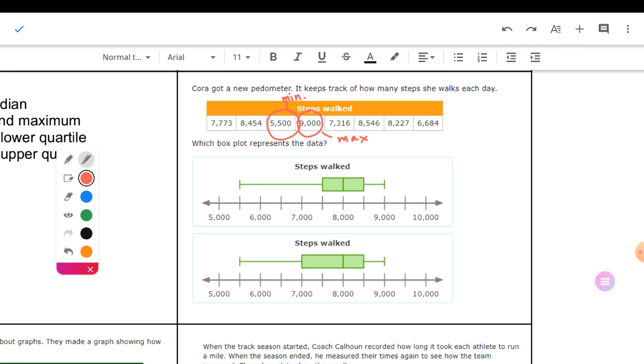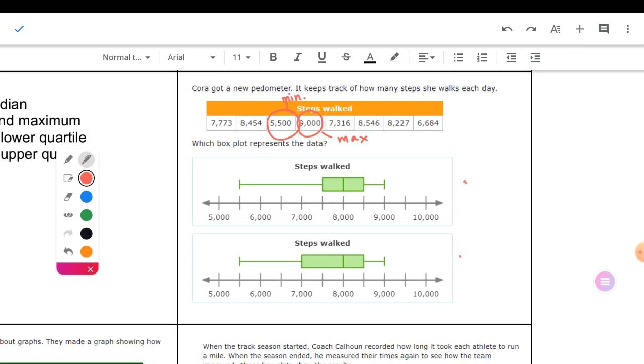Let's go and check our minimum and maximum. Where am I looking to check my minimum and maximum numbers, Brant? Where do I look to find the minimum? Because I'm trying to choose which one of these is correct. Where are the minimum and maximum numbers on those plots? On the far side. Far left, far right. So if I look, what do you notice about both of these?